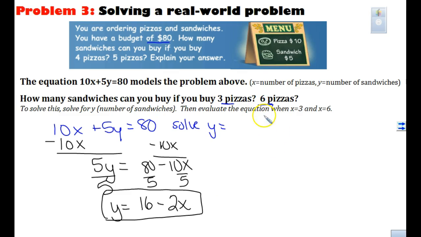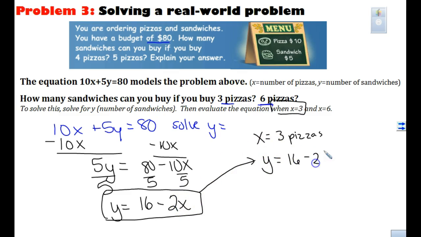Now, the question said we need to know when x equals 3. So when x equals 3 pizzas, the question is, how many sandwiches? So you are now going to go to this equation and plug in, instead of x, you're going to write 16 minus 2 times 3, because we had 3 pizzas.